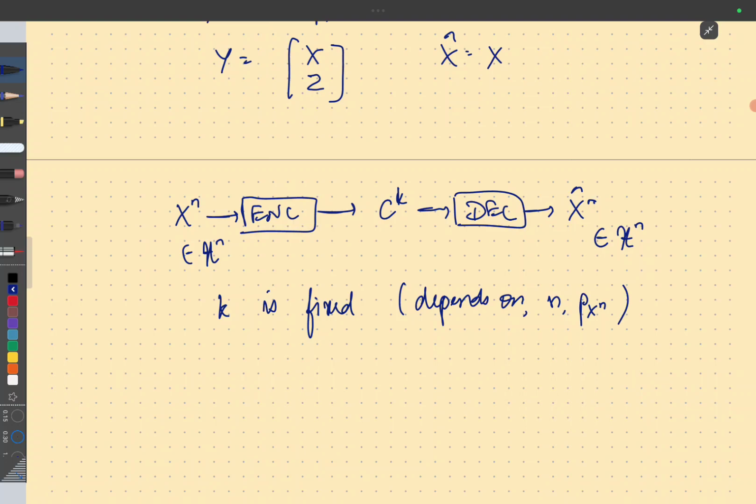So somebody gives you n, somebody gives you the joint distribution pxn. Your goal is to come up with this compressor and decompressor, or encoder and decoder, which compresses xn to a k length binary sequence where k is fixed.